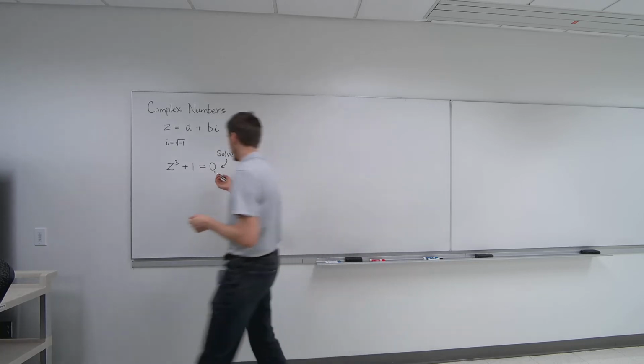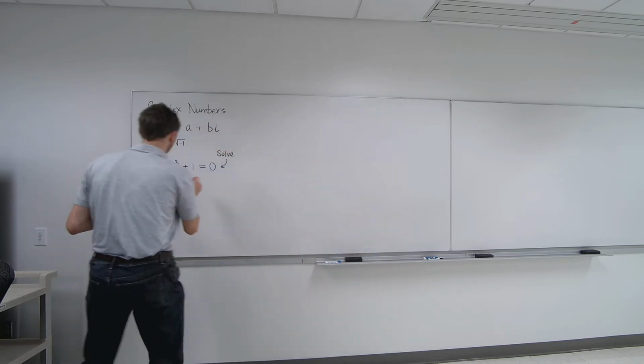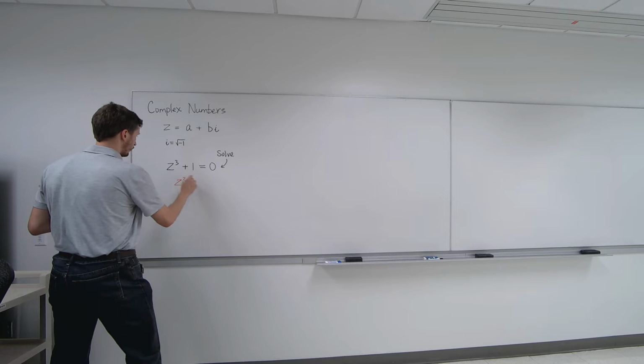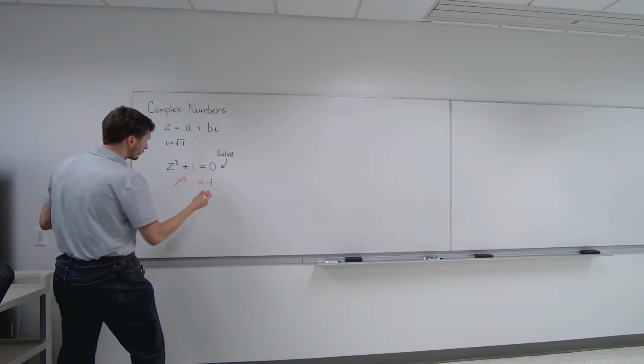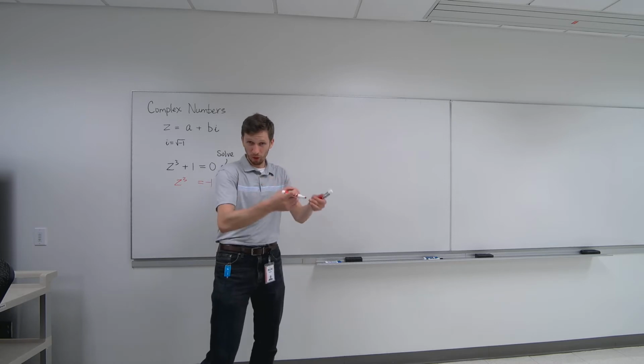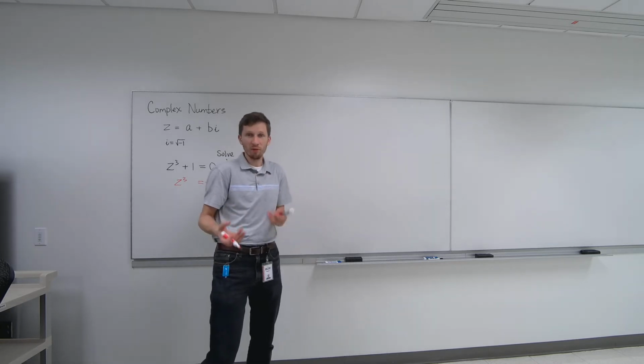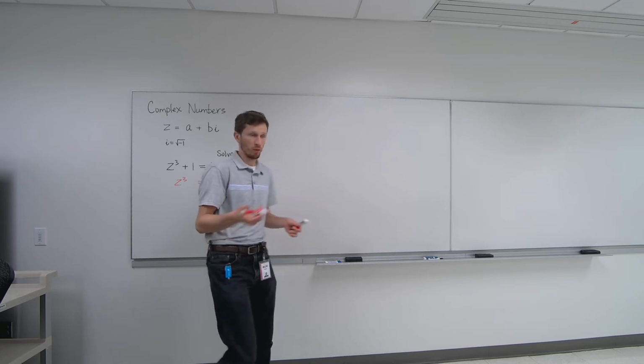So if I begin solving it this way, z cubed is equal to -1. Great. What numbers work? -1 works, right? When you cube -1, you get -1. But that's not it. There's only one answer there, and something else will not work. Watch this.